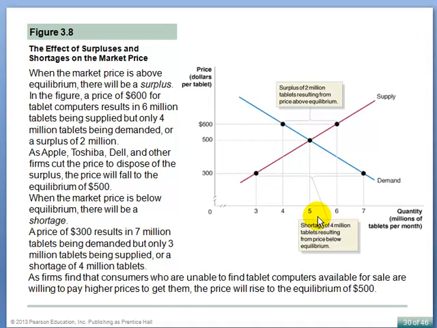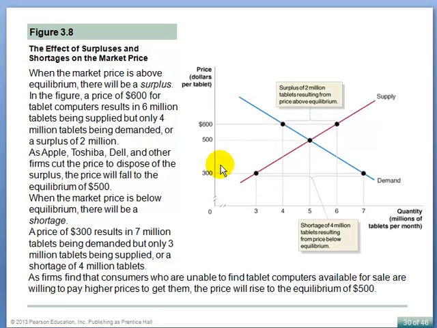So this adjustment will reduce the surplus. But as long as the price is above $500, there will be a surplus, and the downward pressure on the price will continue. Only when the price has fallen to $500 will the market be in equilibrium.